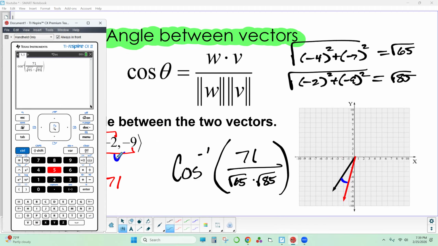Everything looks good. Enter, and I get 17.22 degrees if I am going to round to the nearest hundredths place, which is my typical go-to.